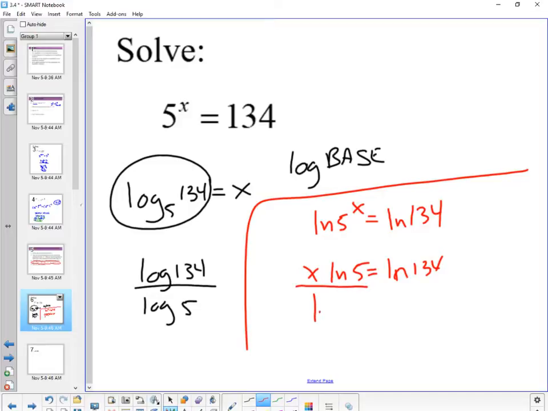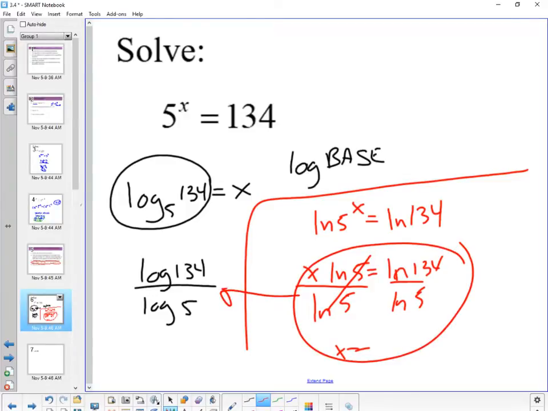Then you just divide both sides by ln 5. That gives me x equals this quotient, which was actually the log base change formula to begin with. Remember, once I do a base change, I can go to any base I want, correct? So any method that you've taken, any route, as long as you follow the rules, you should be able to score.